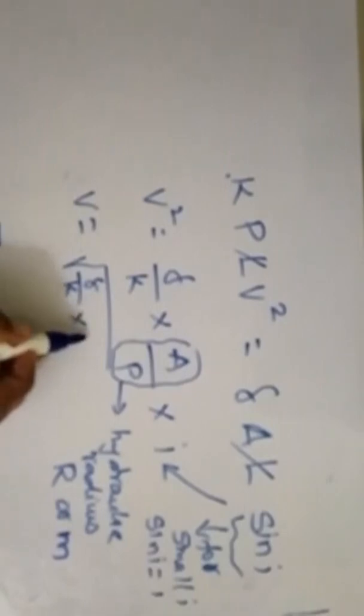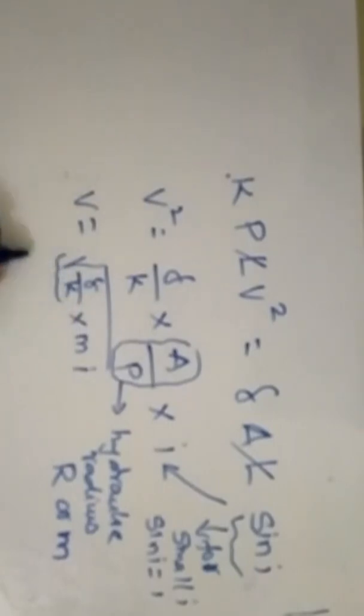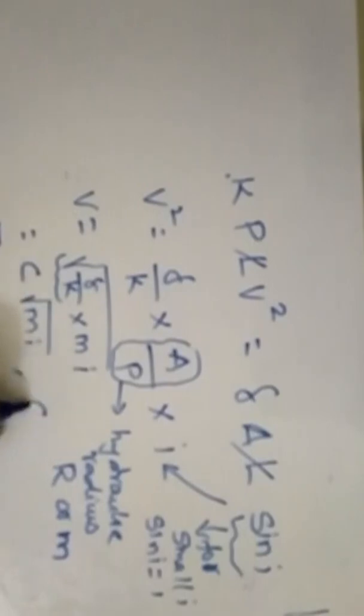So here I am taking this as M times I. If I take this as a constant C, then V is C times root of M I, where C value will be equal to root of unit weight divided by K.